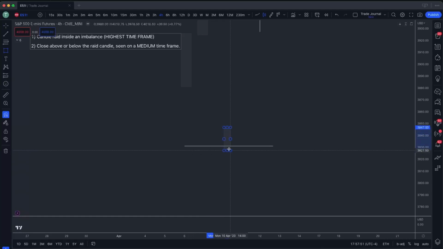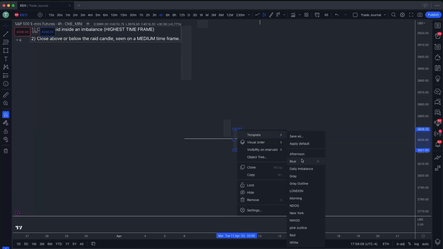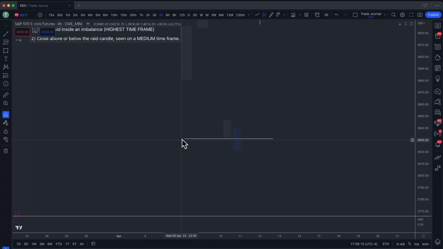And then we'll see on the medium time frame, maybe this is a 4-hour chart relative to the daily up there. And then we might see on the 4-hour, this could be a 2-hour even, a candle that raids this, let's make it blue, that raids this candle low inside this imbalance. And then maybe it stays down here a little bit.